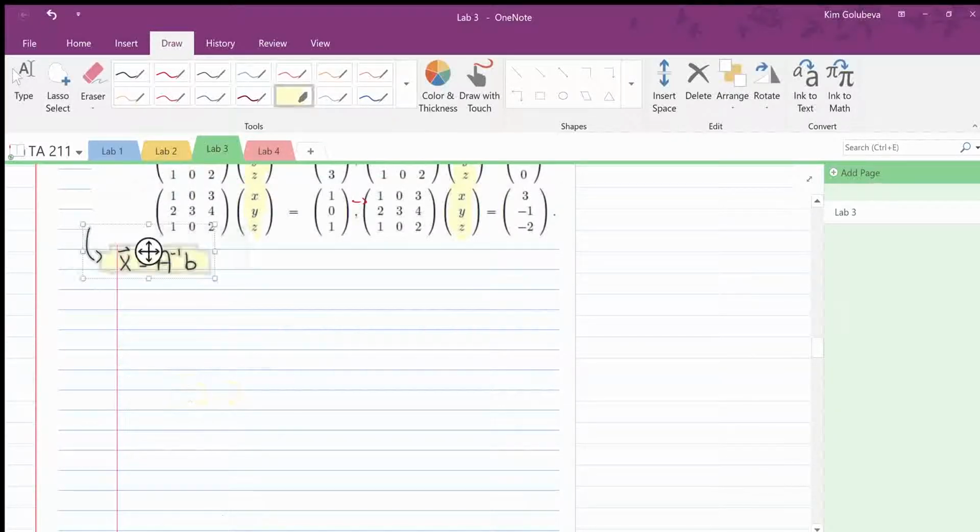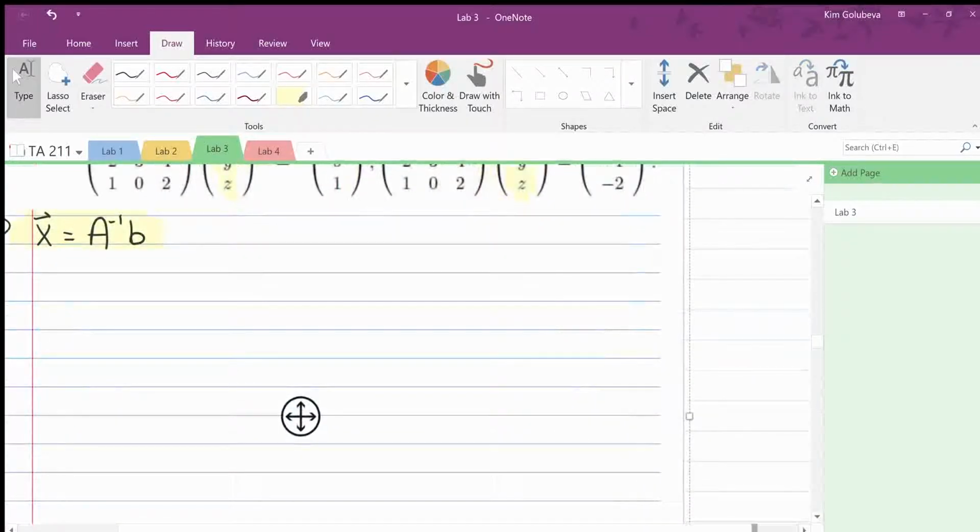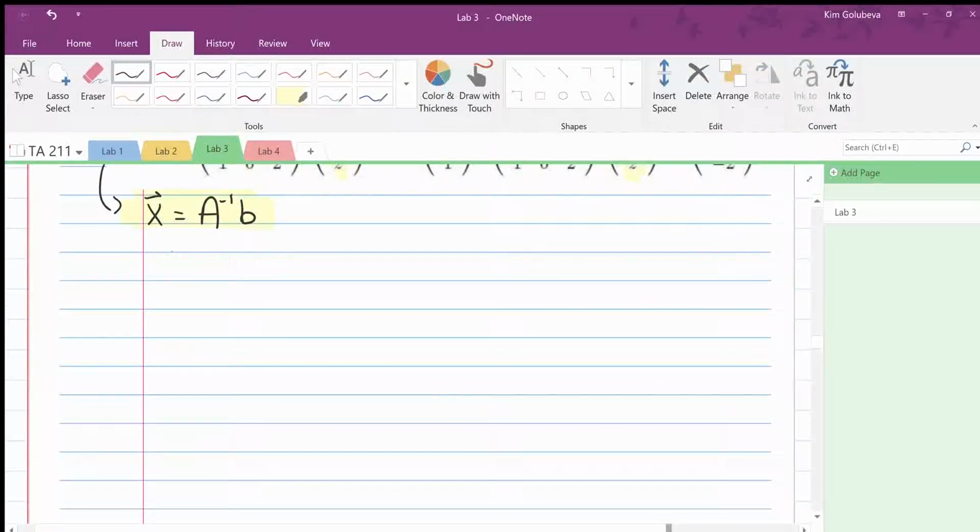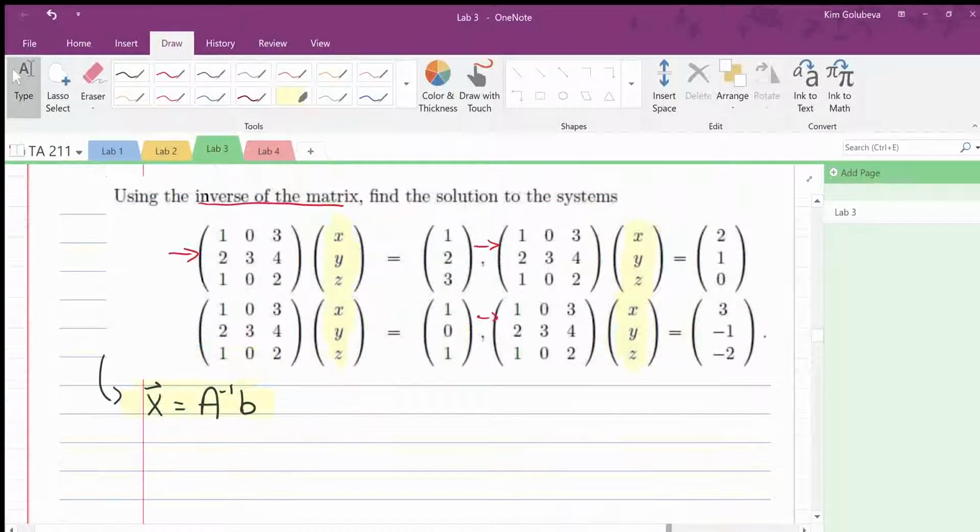We're going to use this formula to guide us through all of our calculations. So we have A inverse. Let's number them so that we don't get lost here. Number 1 is this one, number 2 is this one, number 3 is this one, and number 4 is this one.